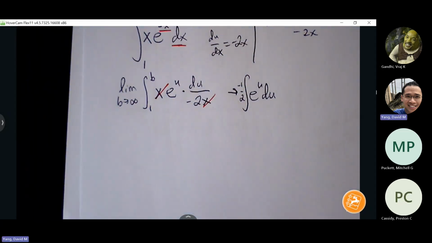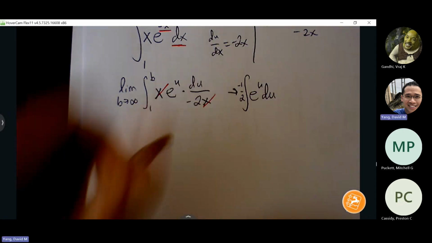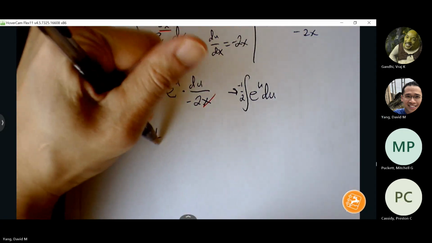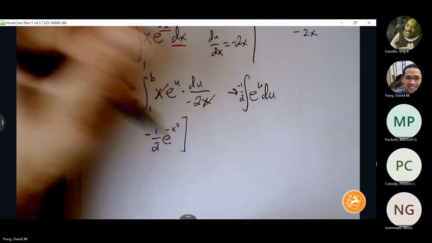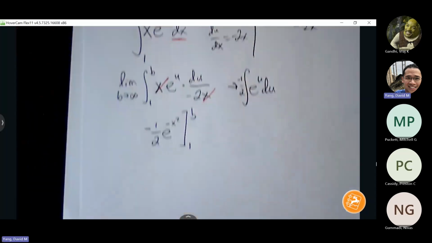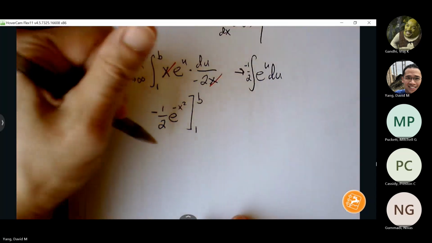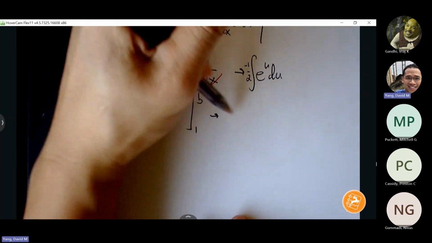Okay, we know the integral of e to the u du is just going to be e to the u with a negative 1/2 in front. Okay, evaluate between 1 and b. Let me rewrite this.